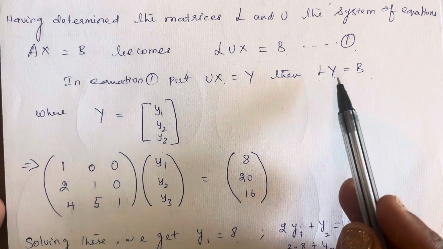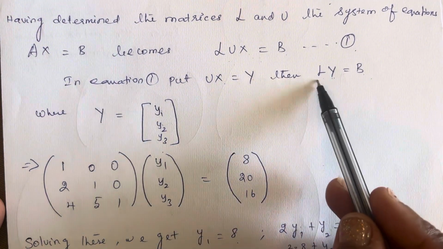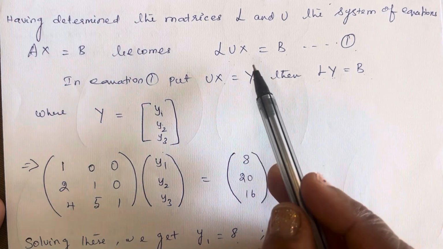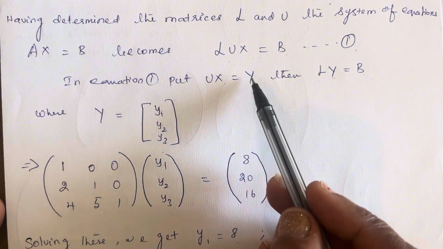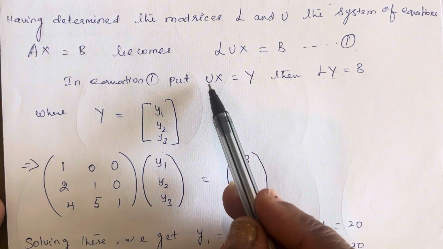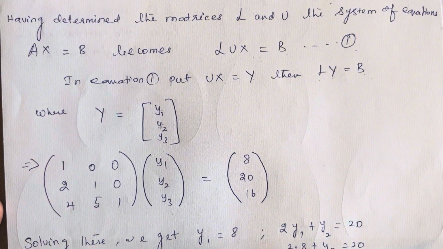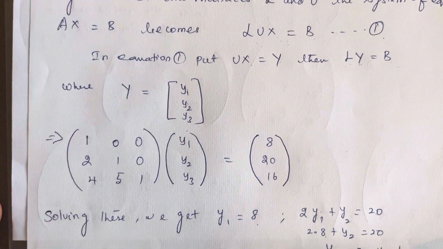The reason for this substitution is that once we find the value of Y using L and B, we can go back and substitute in Ux is equal to Y. Since we already know U, it is easy to find out what X is. That is the reason we go for such substitutions.